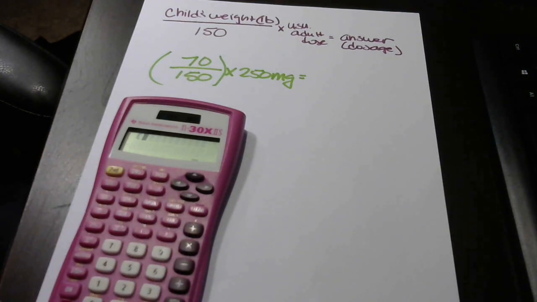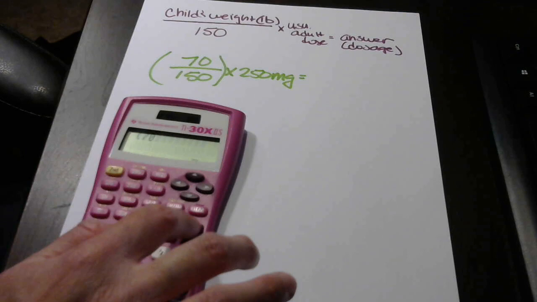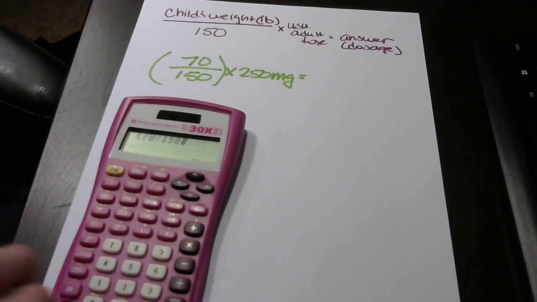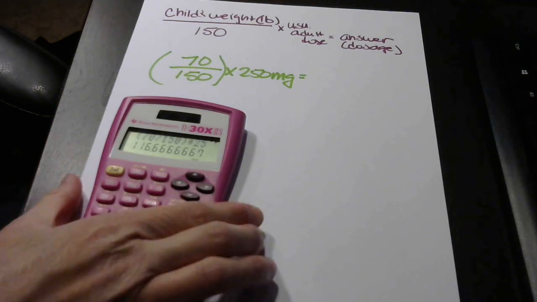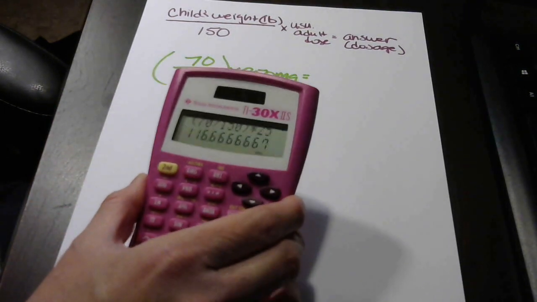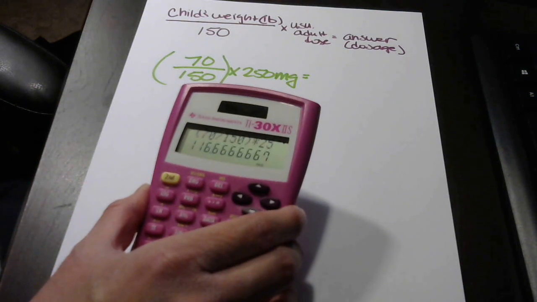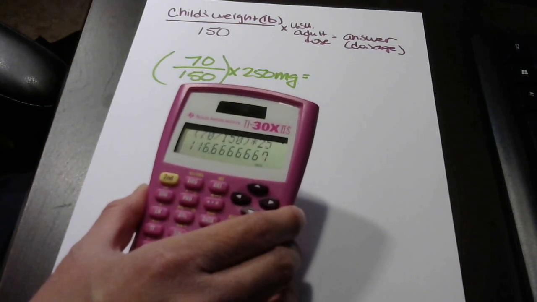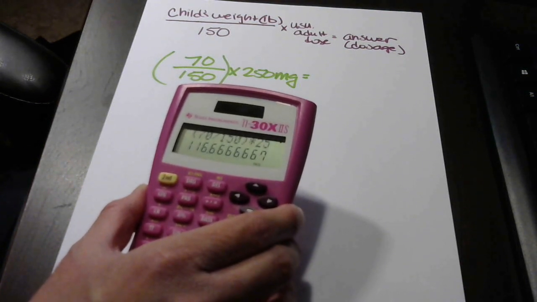So we do parentheses 70 divided by 150, close your parentheses, times 250 equals, and the answer we get is 116.666666, and it just keeps going on and on and on.